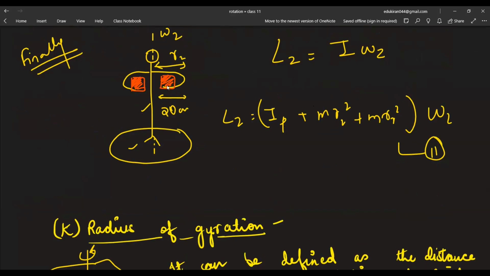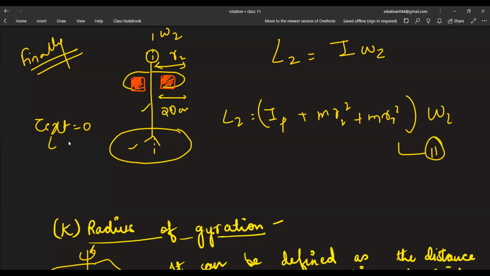Now the distance between the object and the axis is slightly less. It is 20 centimeters now. We have to include the new moment of inertia also. So MR2 square, MR2 square. All the four moments of inertia are again covered. Two within this IP, in this umbrella, and then these two, omega 2. Now, you know, angular momentum is conserved. There is no external torque acting in our system.